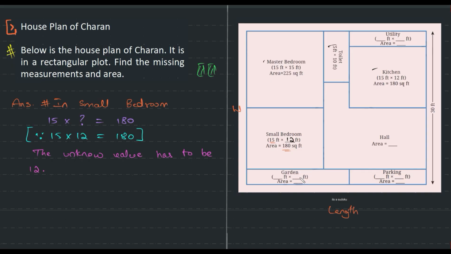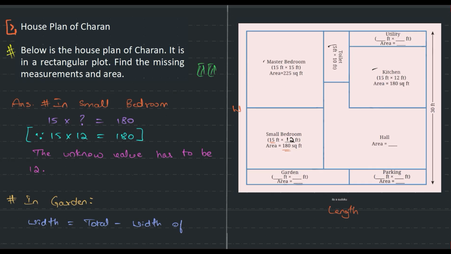Then what else can we figure out? I guess we will be able to figure out this value, the garden's width. We are in the garden. So garden width we can figure out. How? See, we know total width minus the width of the master bedroom.